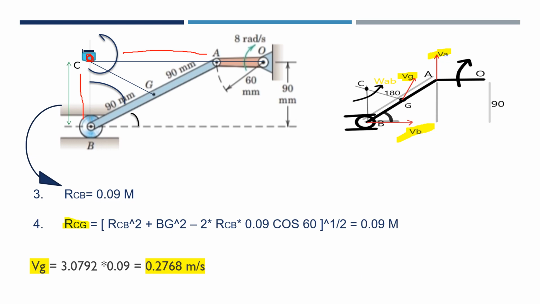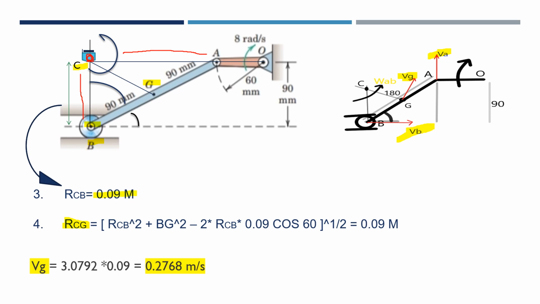We can get the radius of CG from the triangle formula. Points B, C and G form a triangle. We know the length of BG, which is 0.09 meter. We know the length BC, which is 0.09 meter.